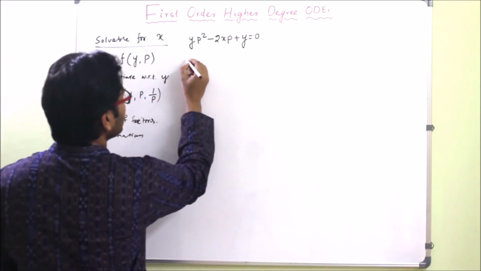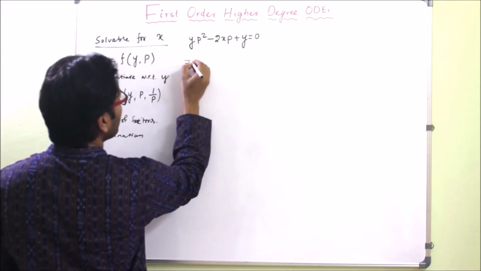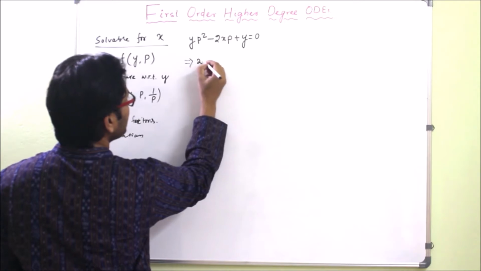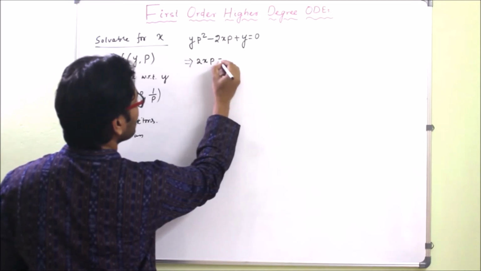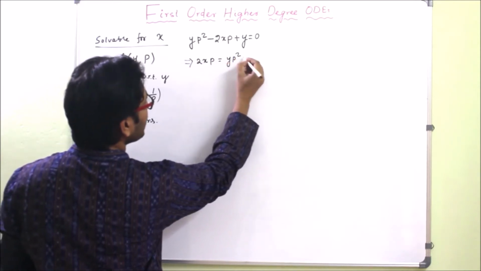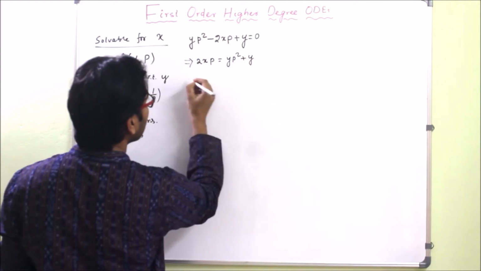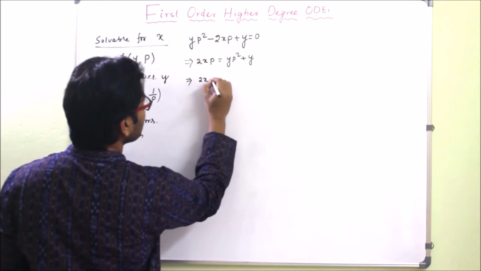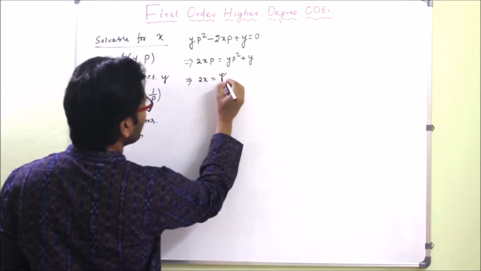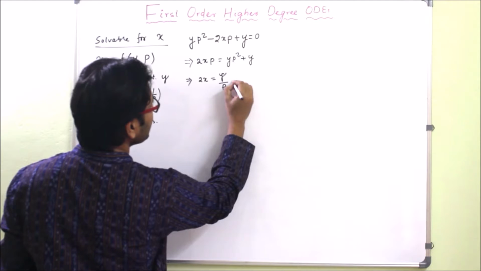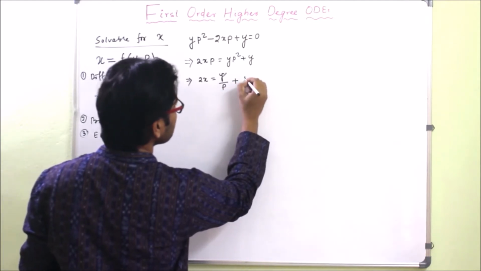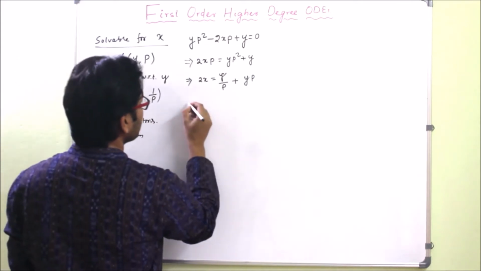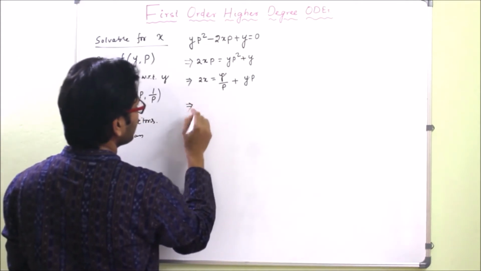Taking 2xp to the right side, 2xp equals y p square plus y, or we can write it as 2x equal to y by p plus yp.